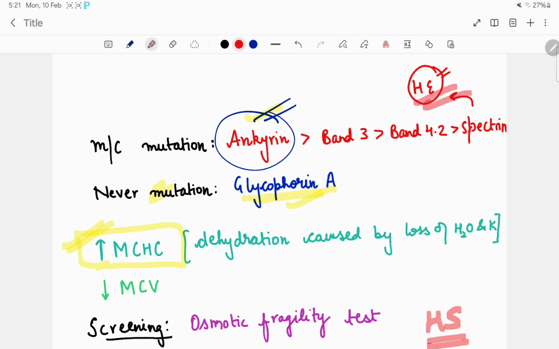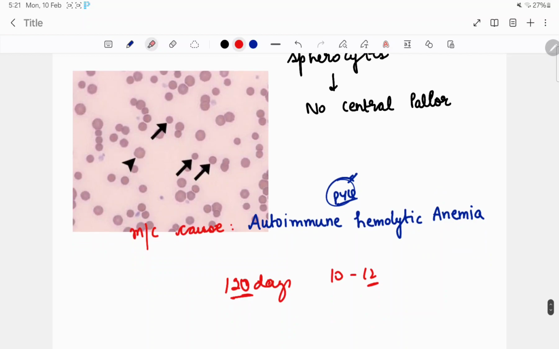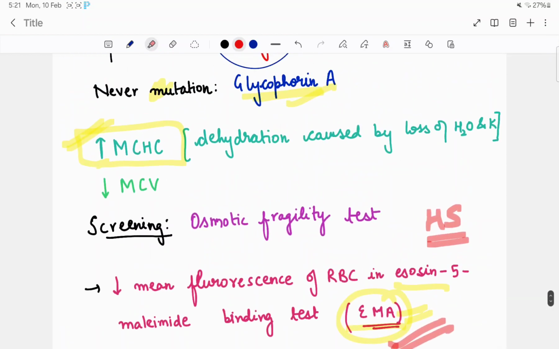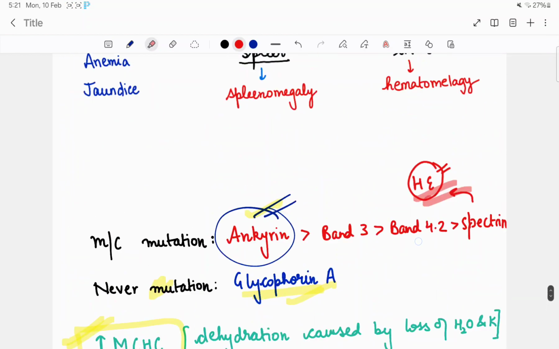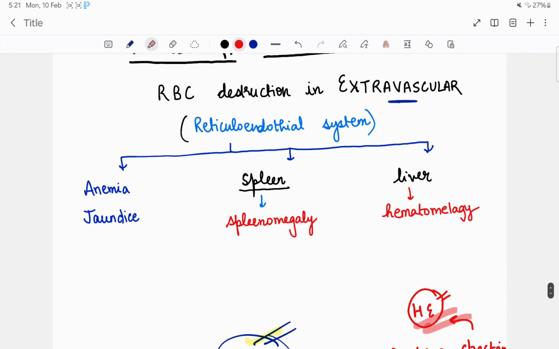This can also be an important question for further exams. So this is all about hereditary spherocytosis. There's no need to learn all the pathology. Just learn the important points, as only these questions can come. In patients of hereditary spherocytosis, you can also see pigmented gallstones, and pigmented gallstones are the most common cause of gallstones in the Asian population.